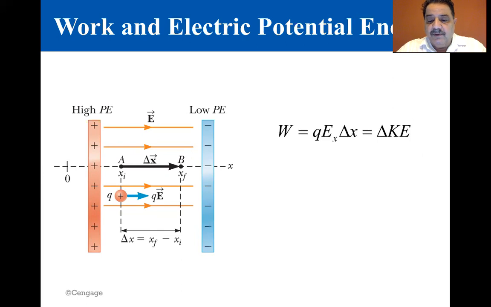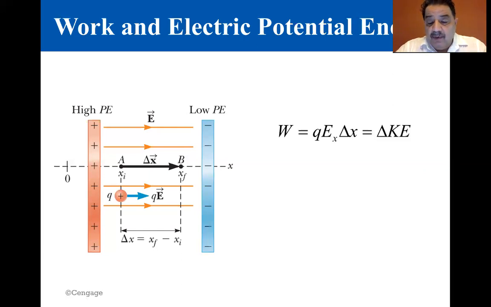Okay, here we've substituted our definition of electric work into the work-energy theorem. The electric force is conservative, so the electric work depends only on the endpoints of the path, A and B, not the path taken. That means as the charge accelerates to the right in the figure, it gains kinetic energy and loses an equal amount of potential energy.